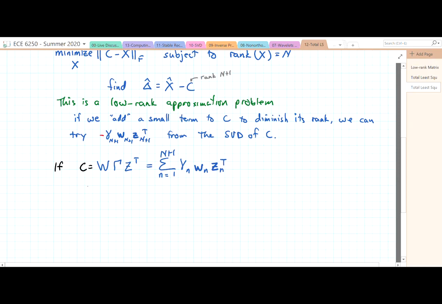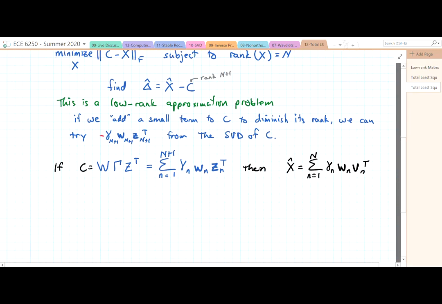Then we can define x hat as all but the last term, gamma n times W n times Z n transpose, and delta hat is just equal to x hat minus C, which is negative gamma n+1 W n+1, and you can see habit is a strong force with me.